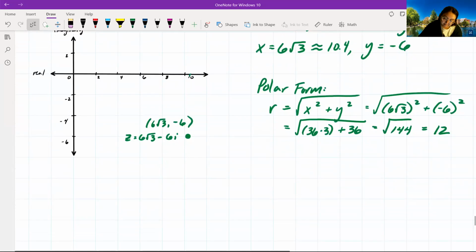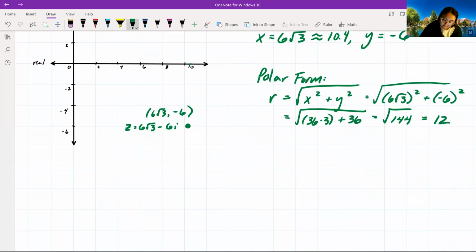Then cosine, because remember cosine of theta is equal to x over r. Cosine of 6 times the square root of 3 over 12 is going to end up giving us the square root of 3 over 2. And then sine of -6 over 12.